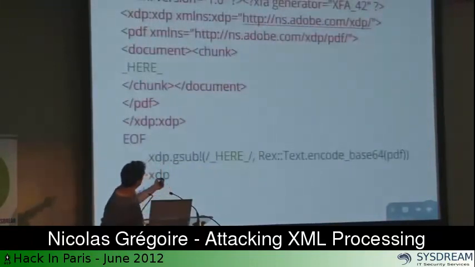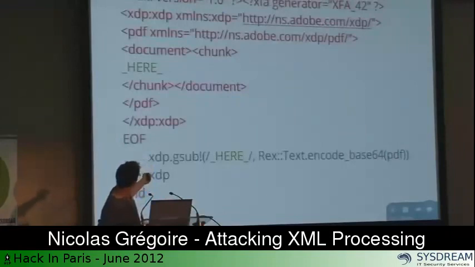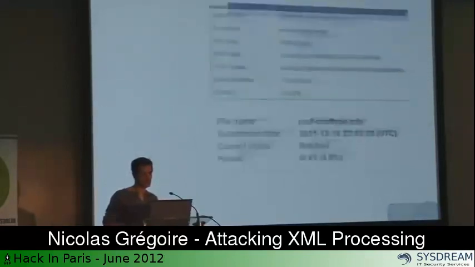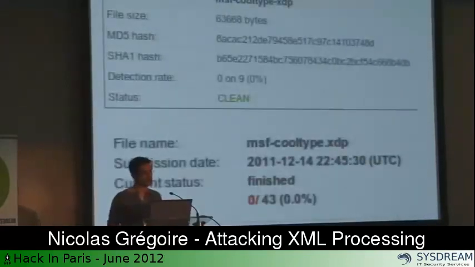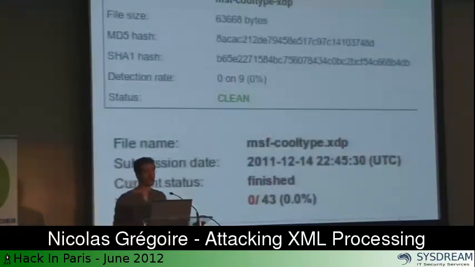In fact, the red part is the XDP container. Your malicious PDF goes here. You base64 encode it, you put the result here, and you get a malicious XDP file. You submit it back to the antivirus solutions, and you get 0 and 0.